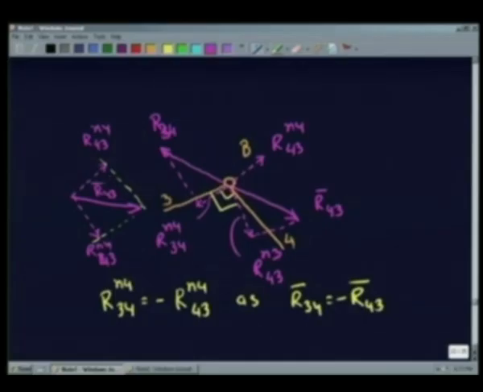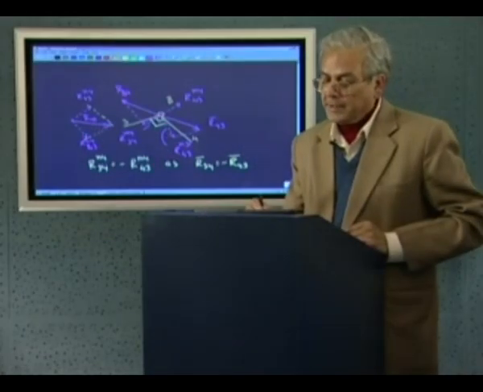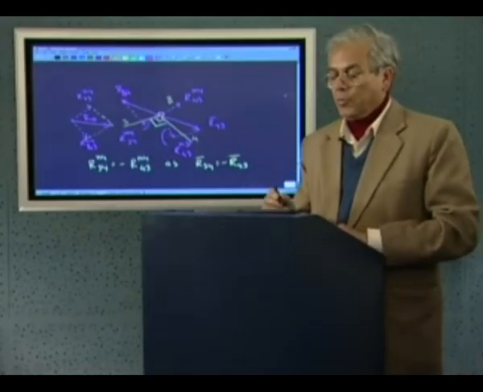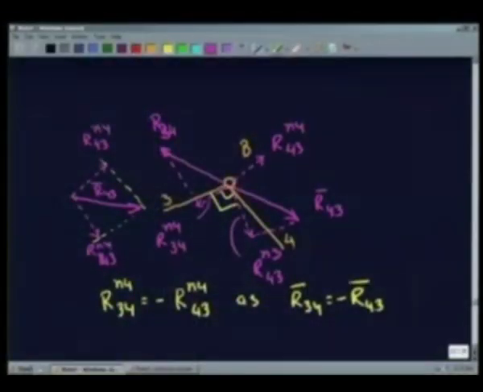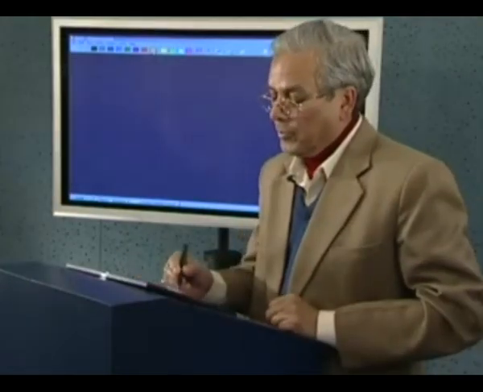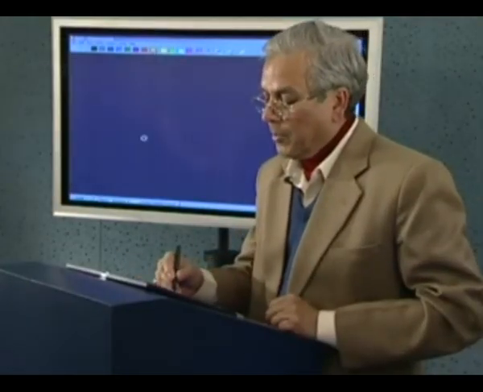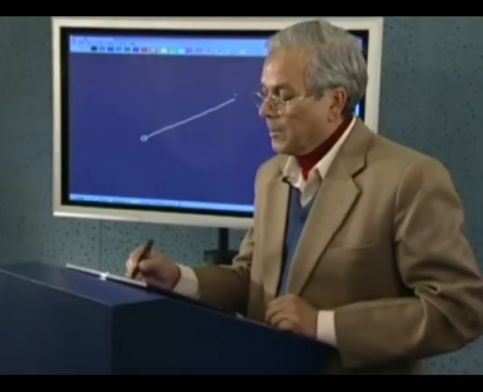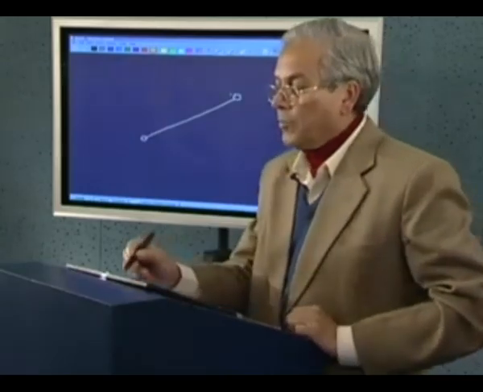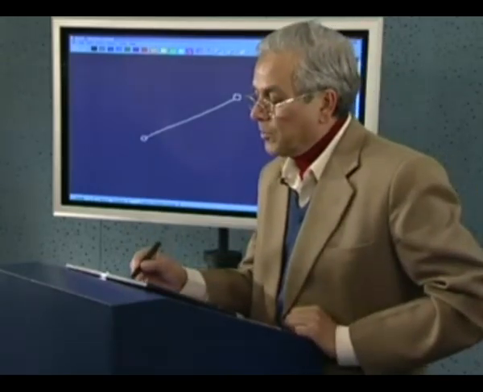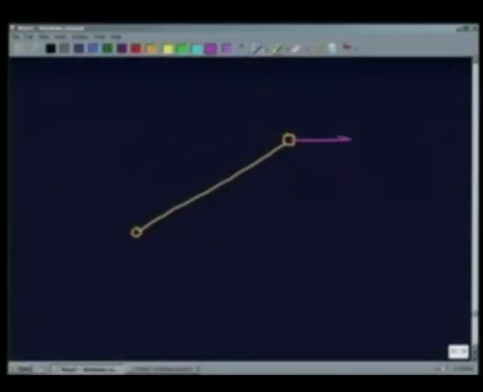So by considering the equilibrium of link 3 and equilibrium of link 4, and since they are interconnected at this location B, we have been able to find out the magnitude and direction of the pin force or the joint force at B. Once that is done, then when you go back to our original problem of finding out the resultant force on this, we have been now able to find out the resultant link force.